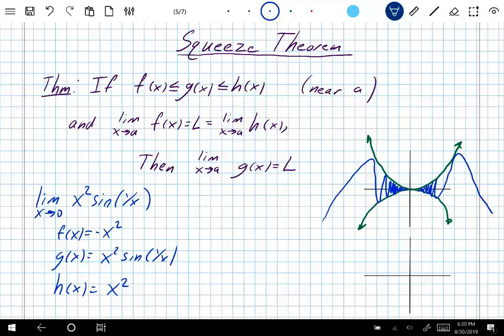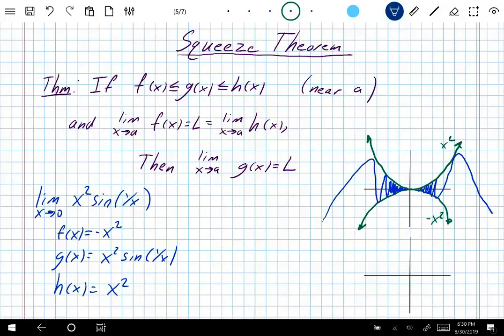Okay, so infinitely many ups and downs close to 0, but still wedged in between this upper green parabola and this lower green parabola. And this is my x squared, and this is my negative x squared. Okay, and all this theorem is saying is that, yeah, as long as you can kind of wedge your function in between two simpler functions, then you know what's happening. And so we do.